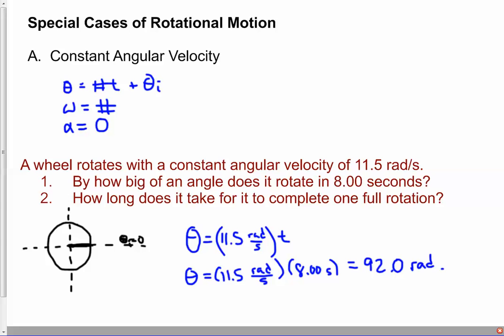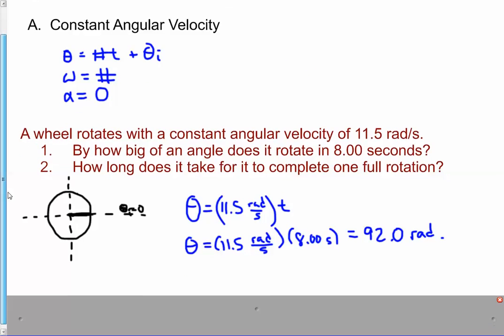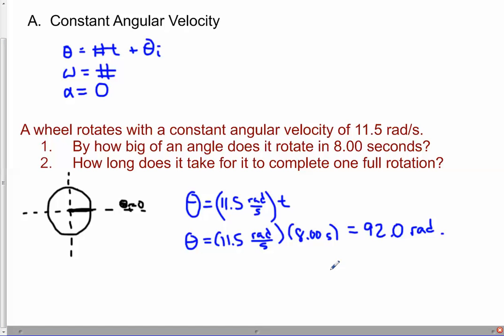Now, 92 radians is a lot more than 2 pi radians, which is 1 full revolution. So if we wanted to, it's not asked for here, but we could figure out a little bit more detail. How many times did it go around? Well, pi is 3.14, so 2 pi is 6.28 radians. We could divide that in and see how many 2 pi's we have here.